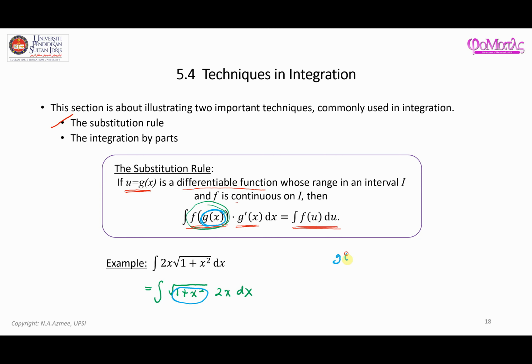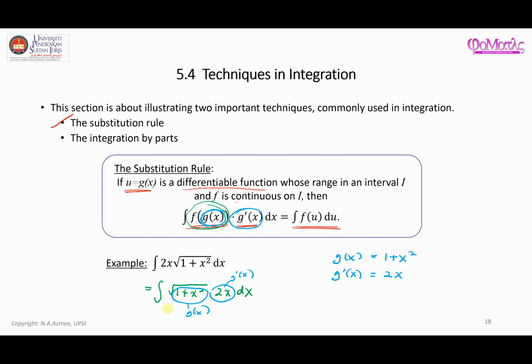So my g(x) is 1 plus x squared, and clearly from that I will be able to get g prime x. If you find the first derivative of this, it will be equal to 2x, which is given by this one. So this is actually g prime x, and this is actually g(x).